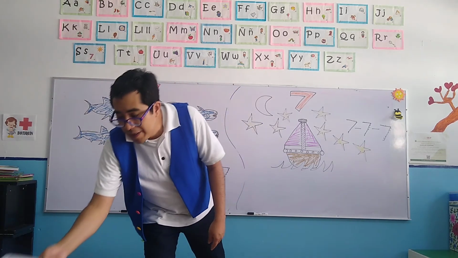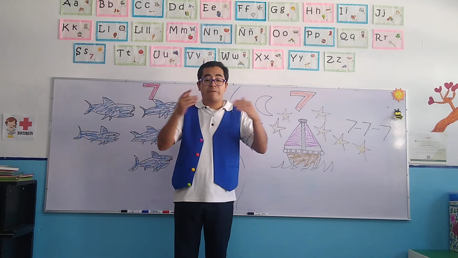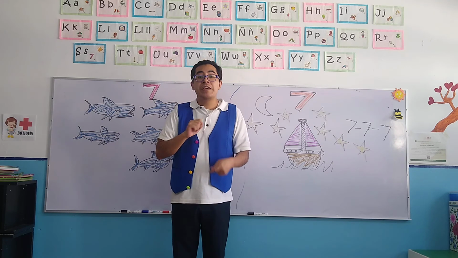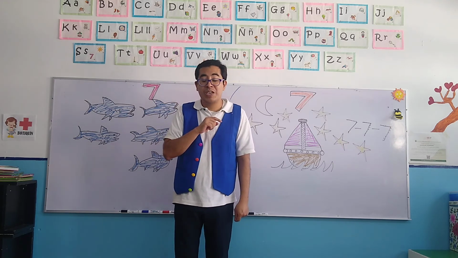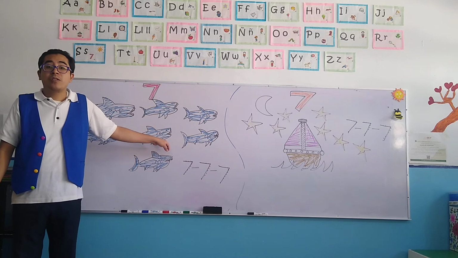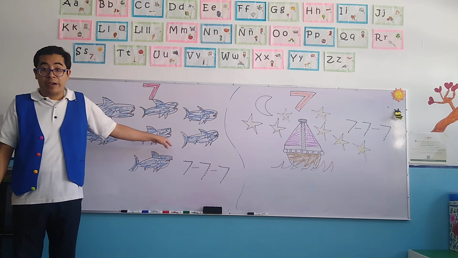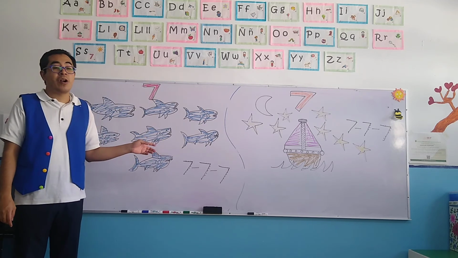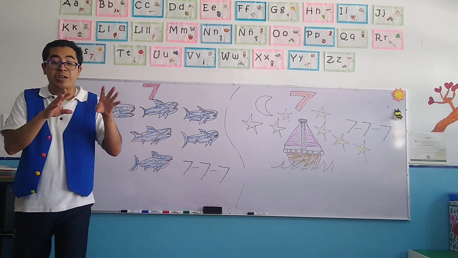Okay? Now, that's it for today, my children. But before we go, let's review animals, objects of the sea, and the number of today. Let's start. This animal of the sea is called a shark. And as I mentioned before, we have to be a little bit careful with the shark because it's a dangerous animal, okay?